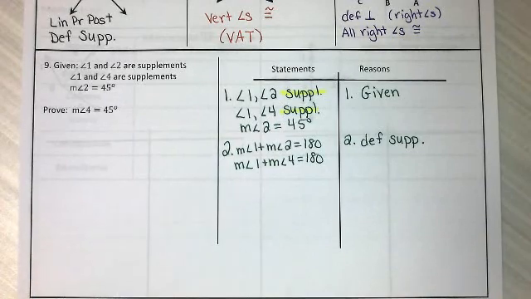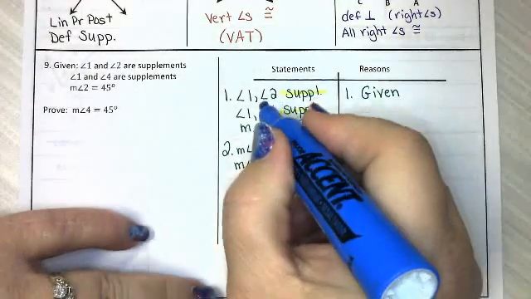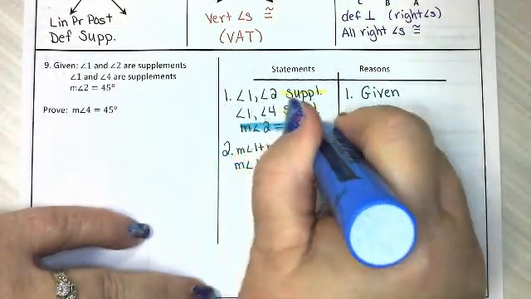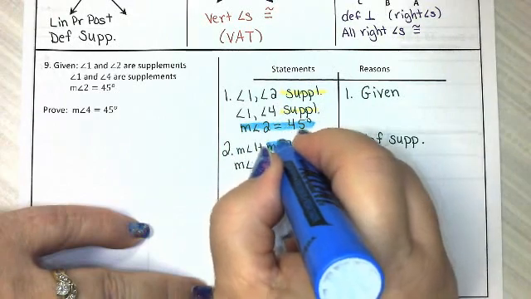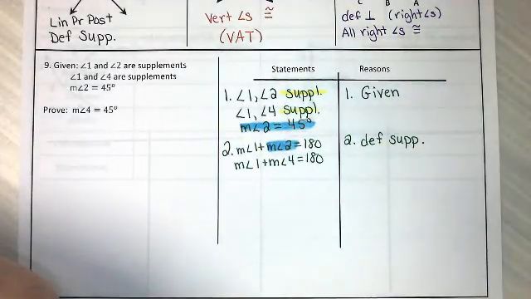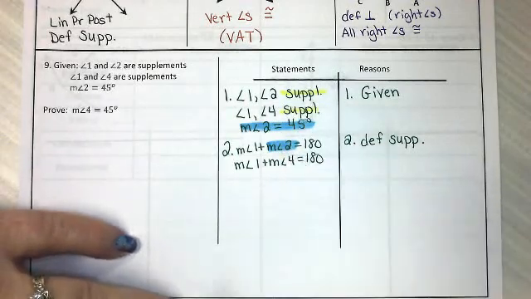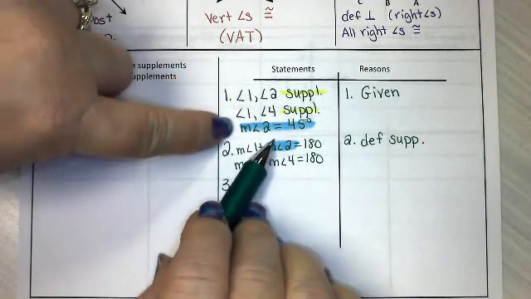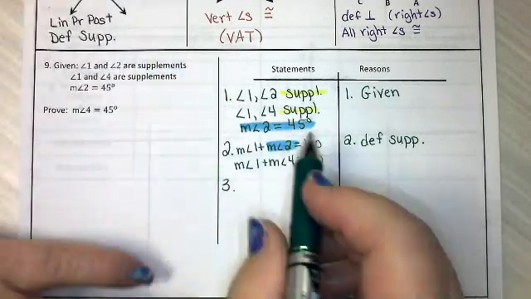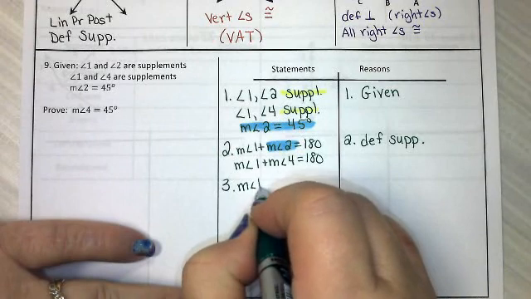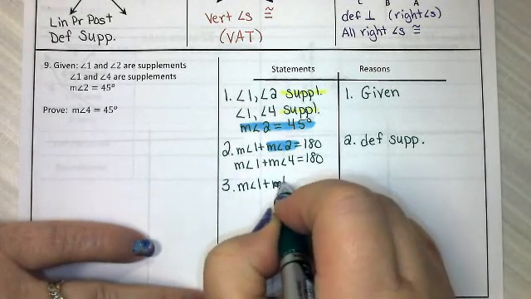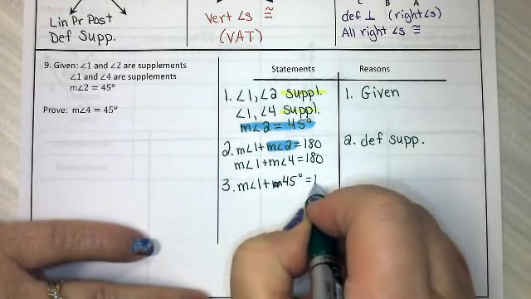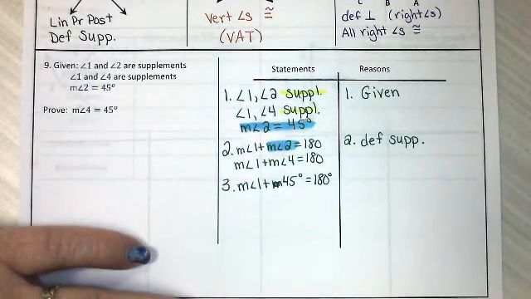Now, what can I do? They told me that angle 2 was 45 degrees. So I wonder if I could substitute 45 degrees in place of angle 2. Remember, if two things are equal, I can take one out and substitute the other in its place. So I'm going to say angle 1 plus 45 degrees equals 180 degrees.